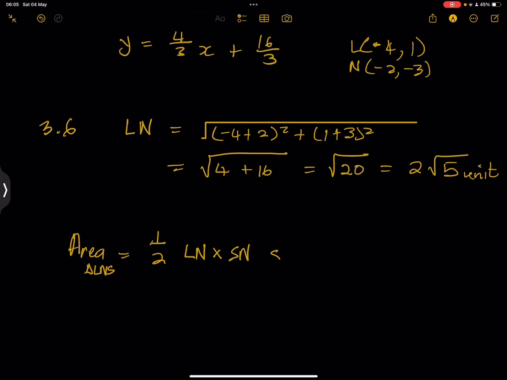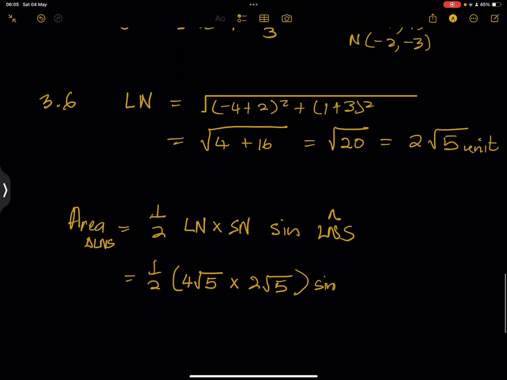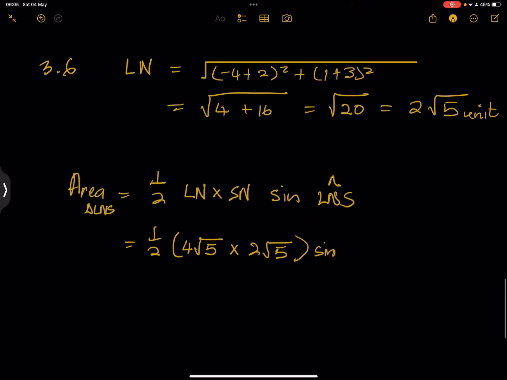The sine of the angle in between them, that is angle LNS. I know that angle there. So this would be a half of 4√5 multiplied by 2√5. And this would be the sine. I think we got 63.44, right?